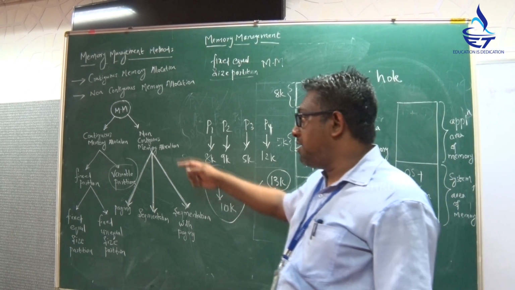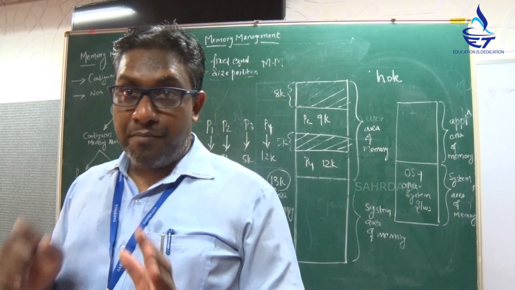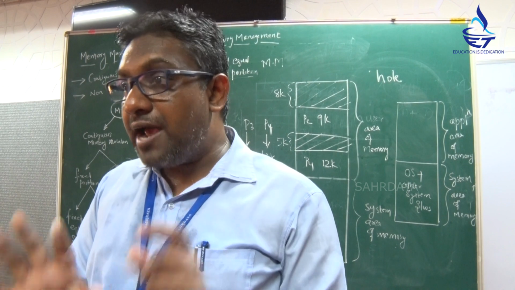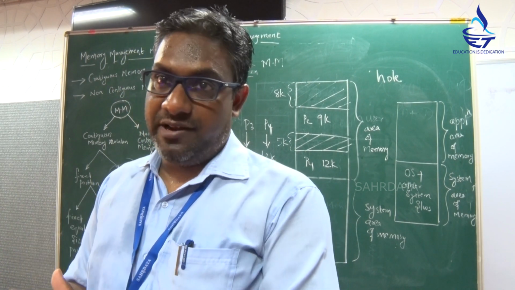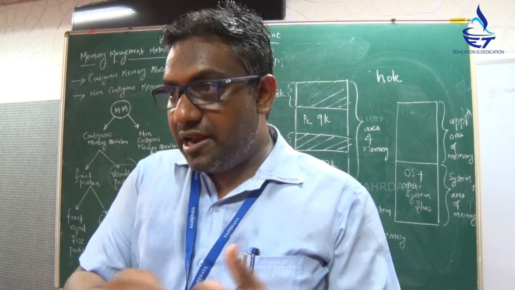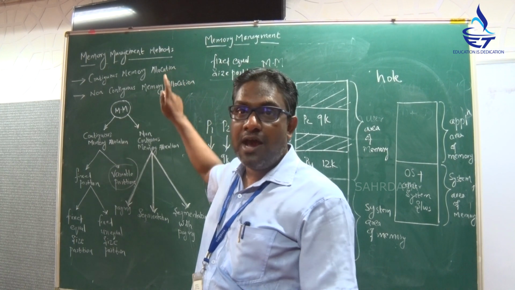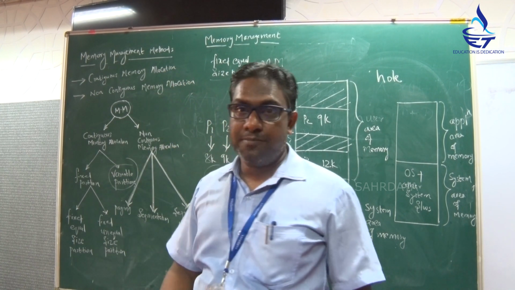Memory management is how the operating system or memory manager manages the primary memory efficiently and effectively. For that, there are two methods: contiguous memory allocation and non-contiguous memory allocation.